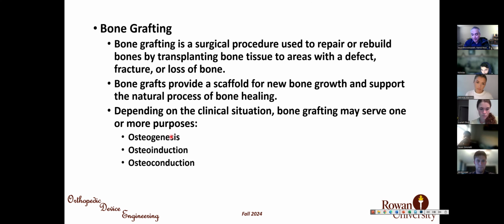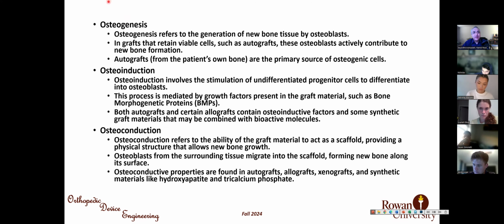Bone grafts work by 3 mechanisms. They either cause osteogenesis. It means they produce new bone. To produce new bone, they need to have bone cells, alive bone cells.